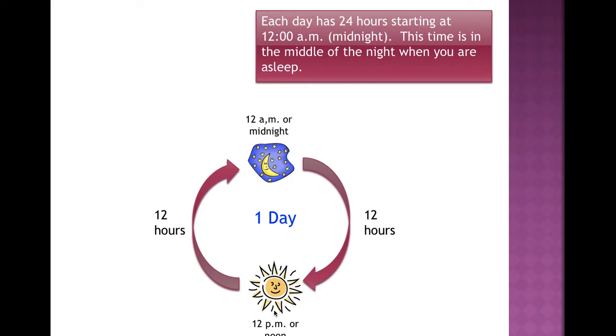And then we have 12 noon or p.m. And usually at this time we're in school doing science. And then we have the other 12 hours at night. So we have 1, 2, 3, 4, 5, 6, 7, 8, 9, 10, 11, then midnight.